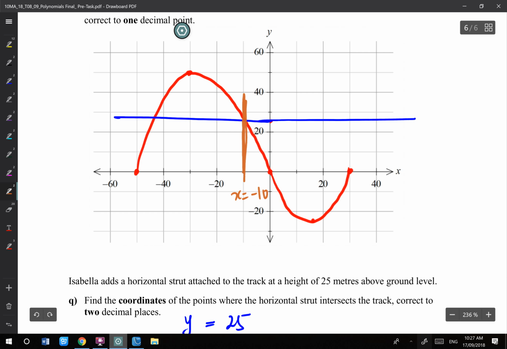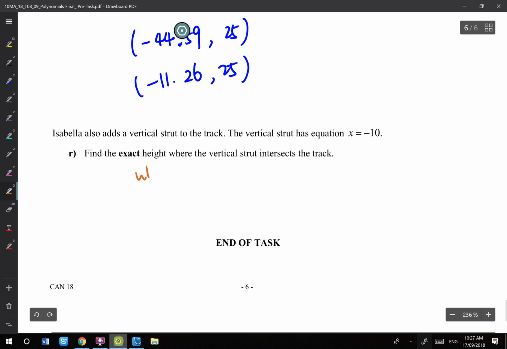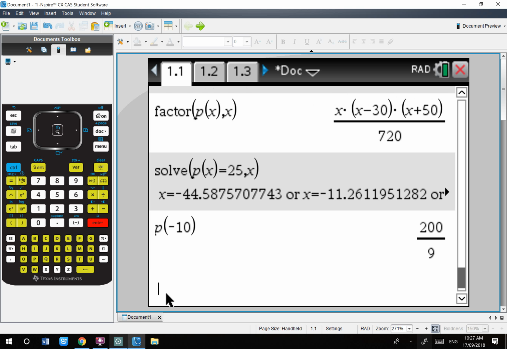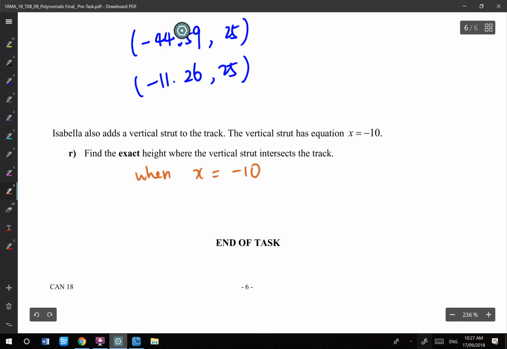So I need to find the y value. All I need is to find the y value of that function. So when x equals minus 10, I go to the calculator, p bracket minus 10. I have 200 over 9. So y equals 200 over 9. So the exact height is 200 over 9 meters.